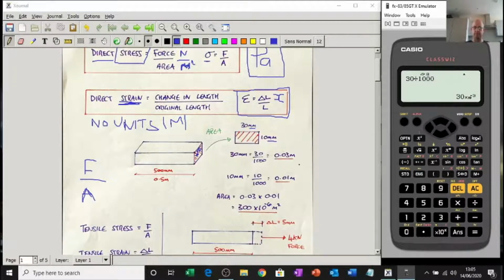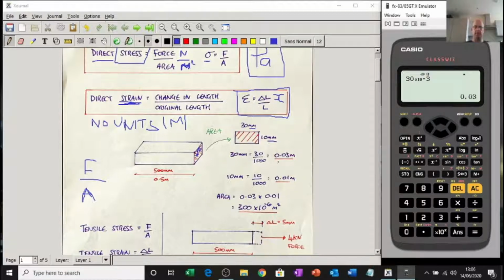Or that. So you can either do 0.03 or 30 times 10 to the minus 3. So if you wanted to convert millimeters into meters, because we've got 30, if you put times 10 to the minus 3 on the back of it, it's the same thing as dividing by 1,000. Quick way of doing it.